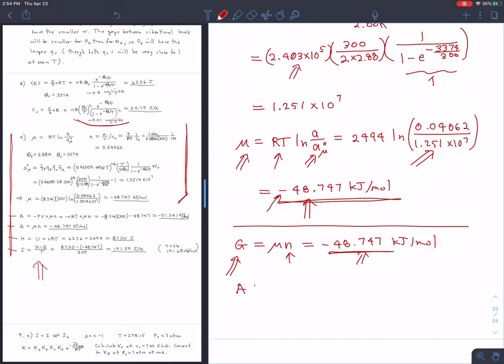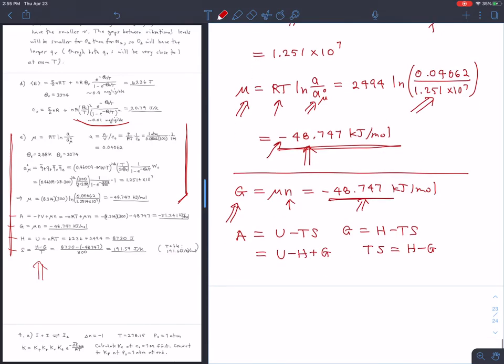Next, let's calculate Helmholtz free energy. A is equal to U minus Ts, G is equal to H minus Ts, so that means Ts is equal to H minus G, which means that A is equal to U minus H plus G. U minus H is just minus PV, so that's G minus PV, or at least that's what I get, right?